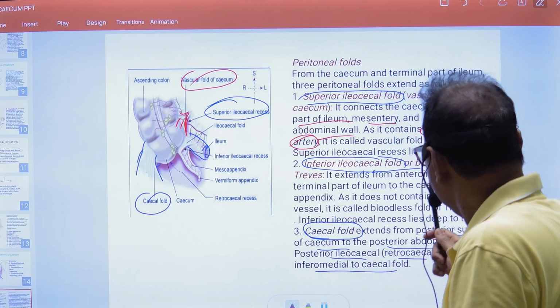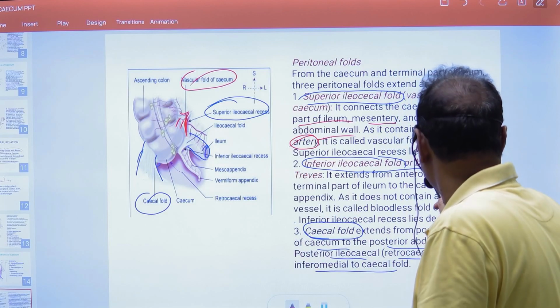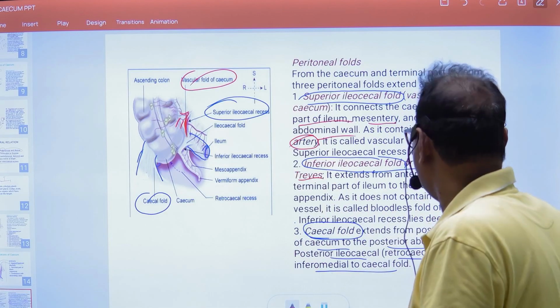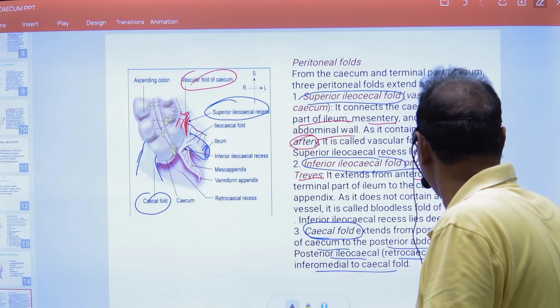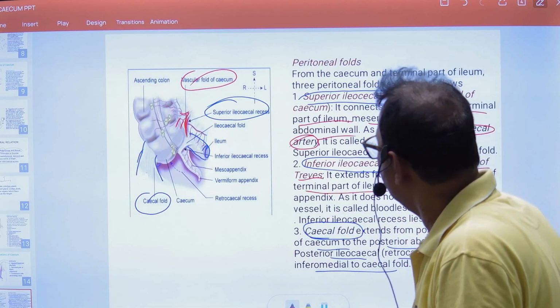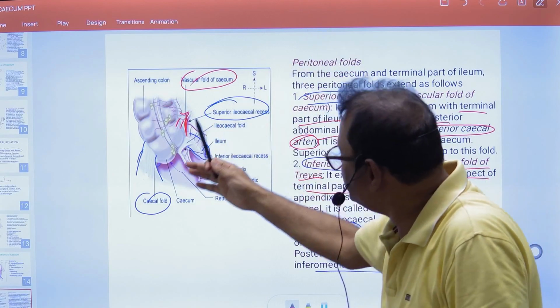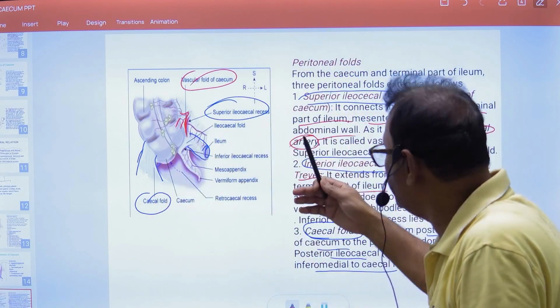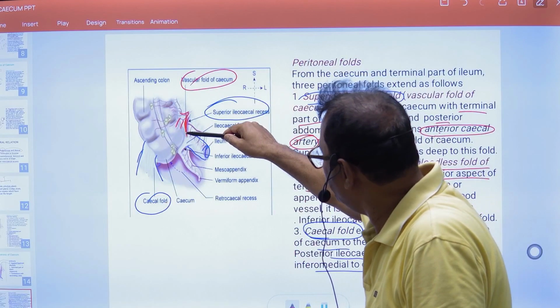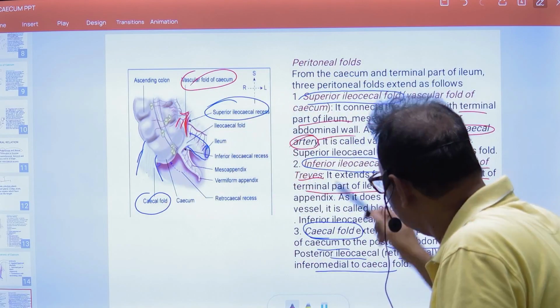Now we have got the inferior ileocecal fold. This is also known as the bloodless fold of Treves. It extends from the anterior aspect of the terminal part of the ileum. Now, the superior one was at the termination of the ileum, at the upper end of the cecum. Now we have got the inferior, which is more anterior.